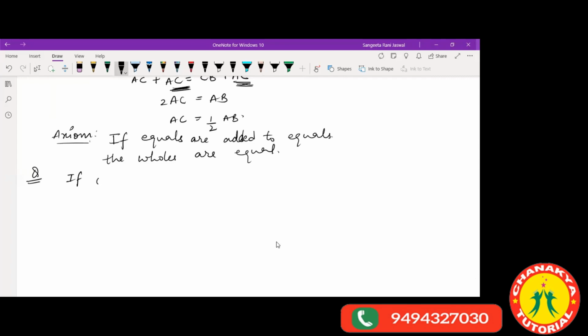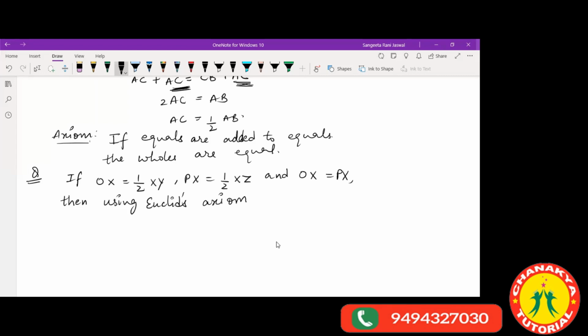The figure also I'll make. If OX is equal to half of XY, PX is equal to half of XZ, and OX is equal to PX, then using Euclid's axiom, show that XY is equal to XZ.